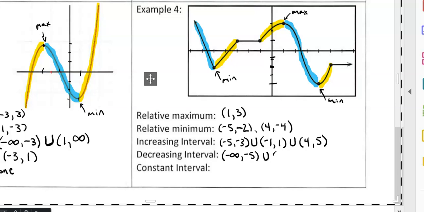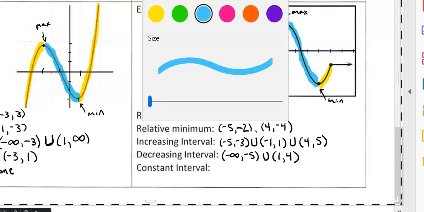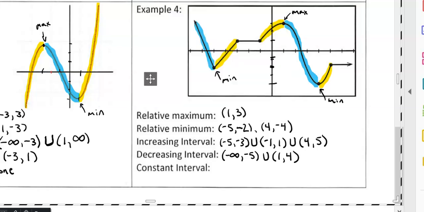Union. The point 1 until you get to 4. So those are the decreasing intervals. And let me just mark the increasing interval here.